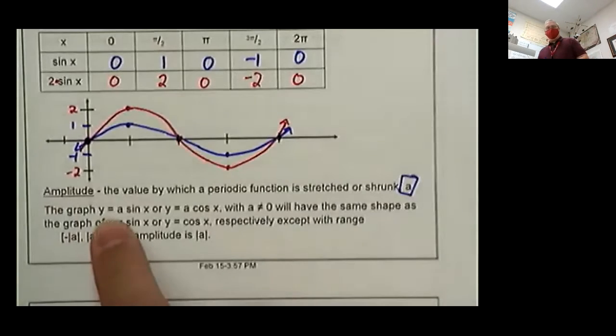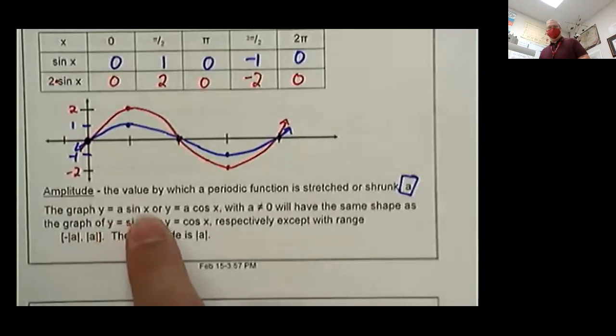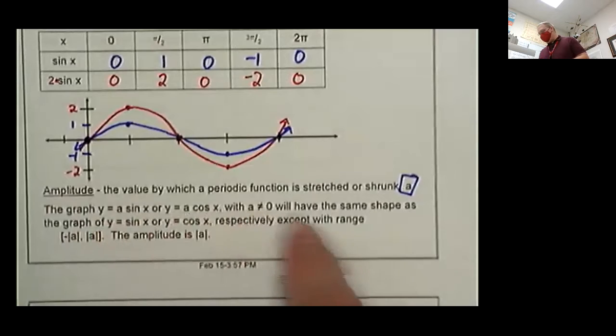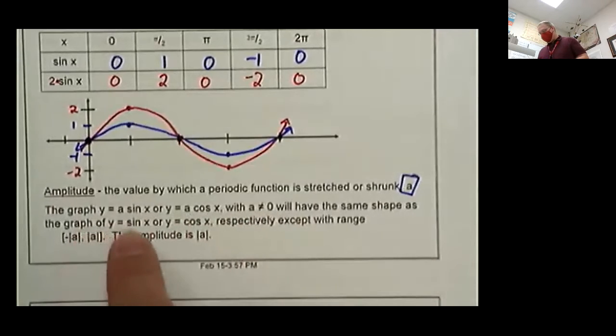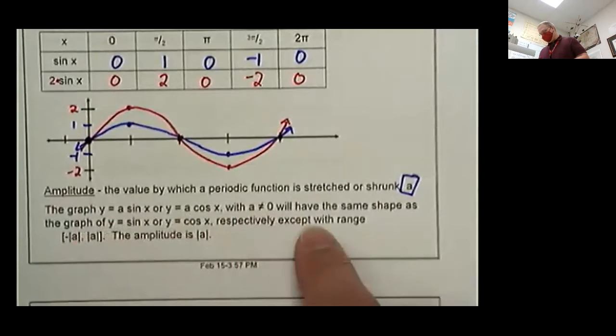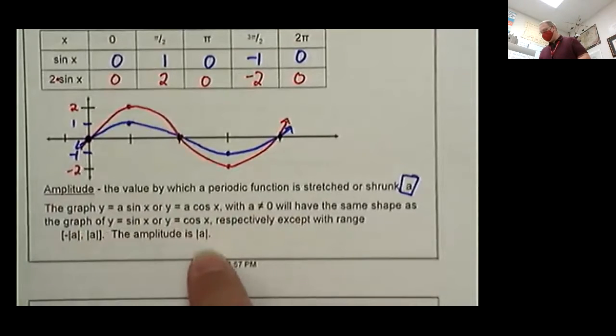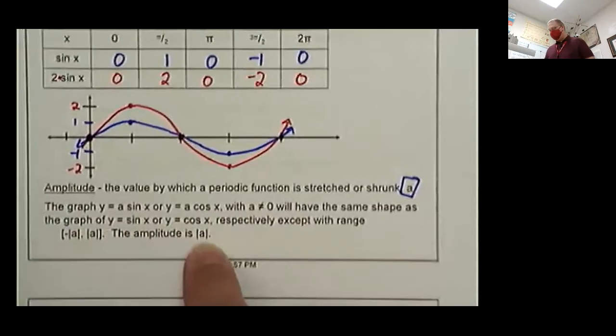So the graph of y equals a sine of x, or y equals a cosine of x, with a not equal to 0, will have the same shape as the graph of y equals sine x or cosine x, except with the range -a to +a. The amplitude is the absolute value of a, because we have to consider what happens if it's a negative, and we'll do that here in a second.